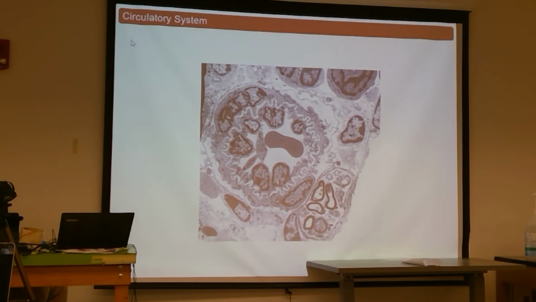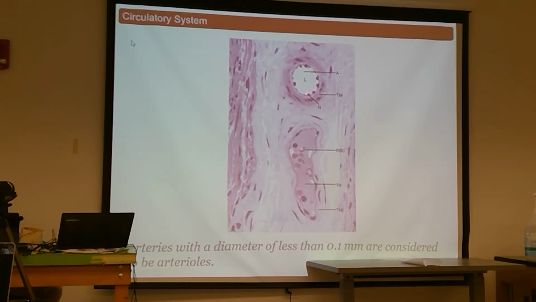When we're looking at these, especially the bigger structures, in the tunica intima, the endothelial layer, it'll have an internal elastic membrane, or internal elastic lamina. And the tunica media, on the outer end, will have an external elastic lamina or membrane. And then it'll be the tunica adventitia surrounding all of it.